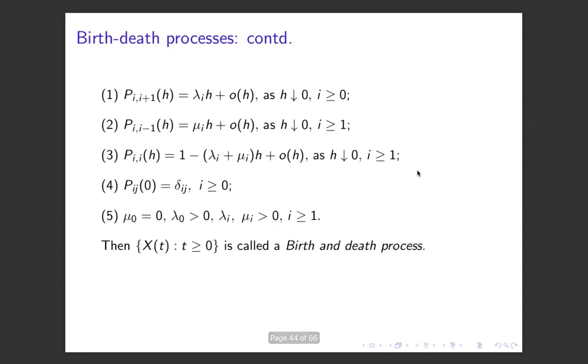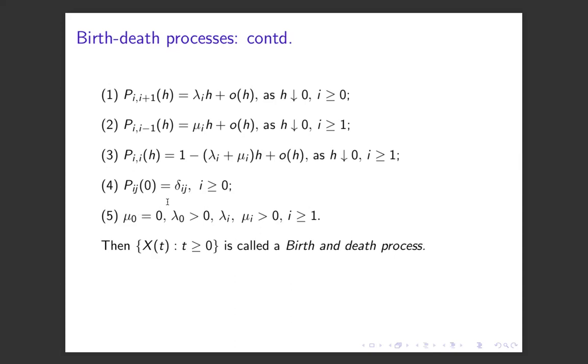Then the fifth assumption, mu0 is 0. That is clear from here also, in the sense that the mu parameters are indicative of the state going in the negative direction.